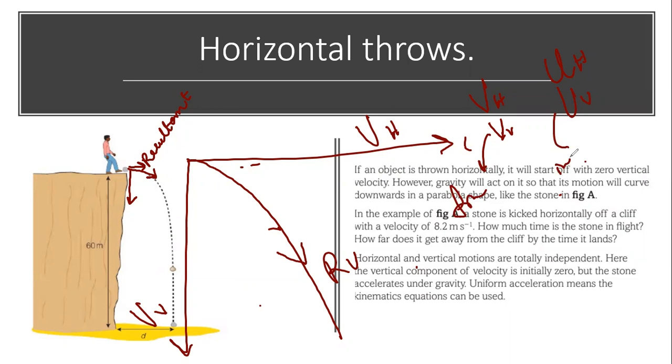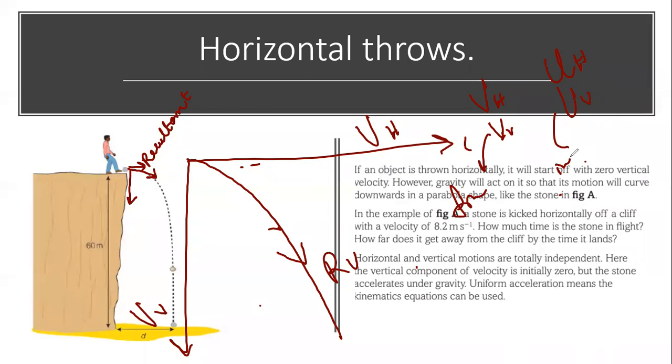VH is the horizontal final, VV would be vertical final, UH would be the initial horizontal velocity. Yes, velocity. Exactly. So that is what the terminologies are.